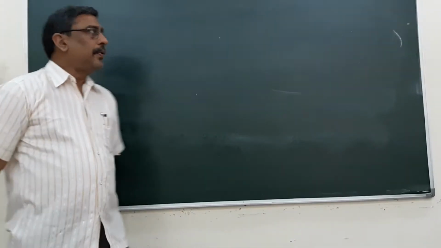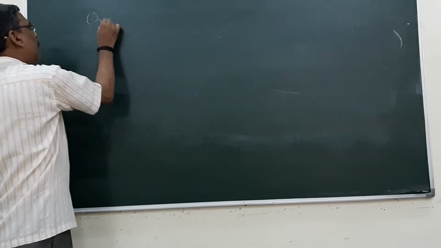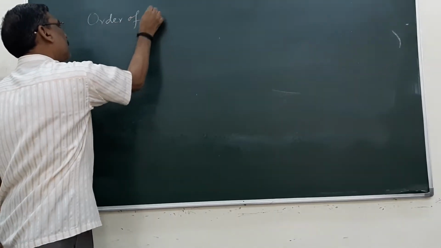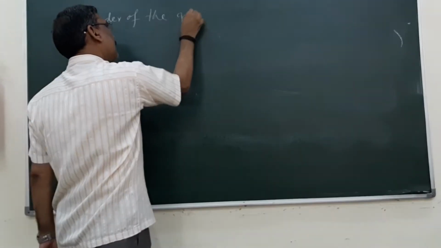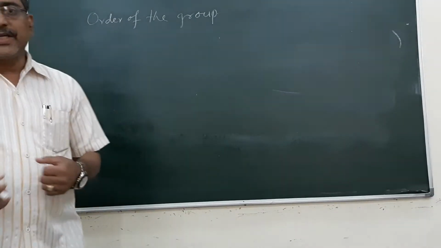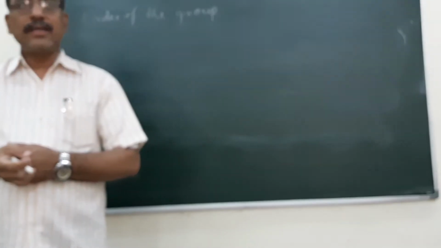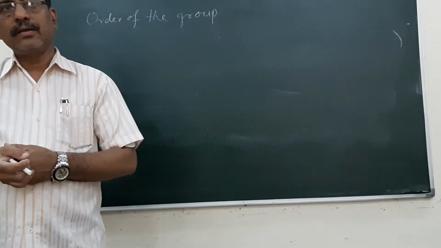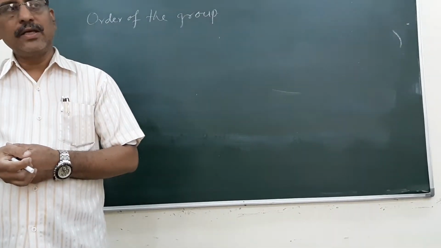Order of the group. The number of distinct elements in a non-empty set is the order of the group.